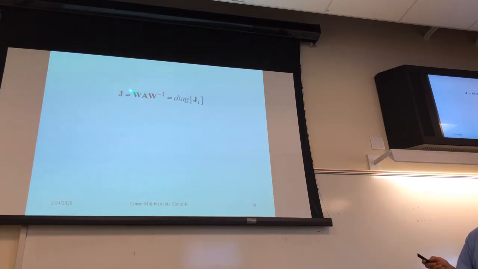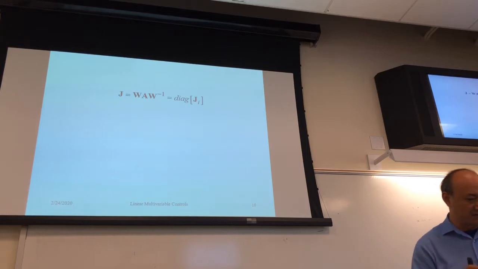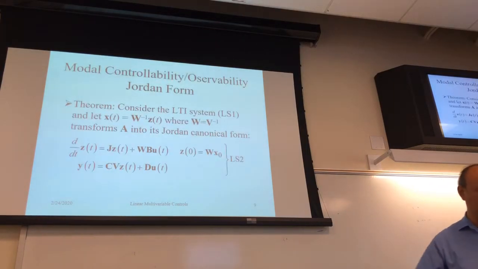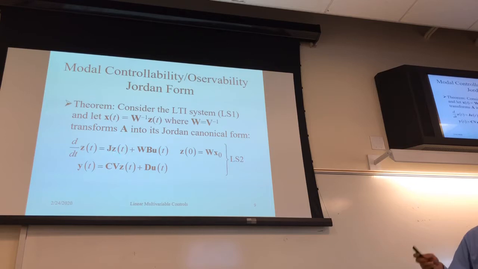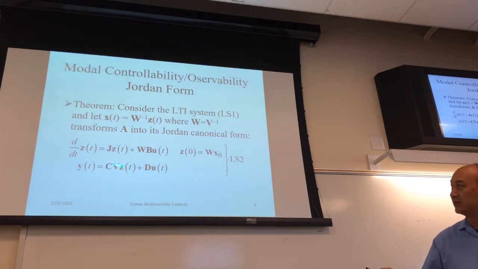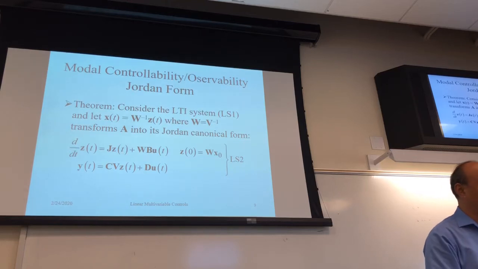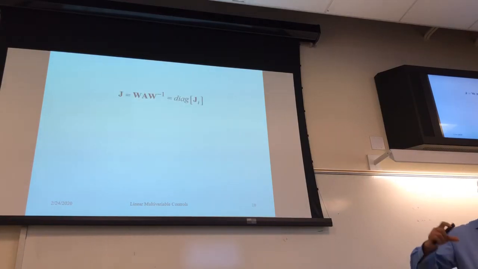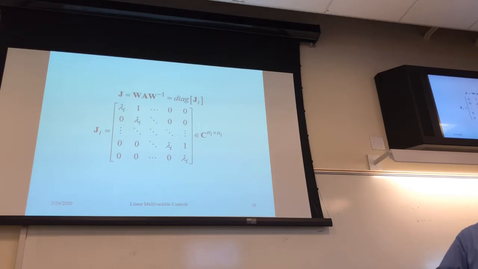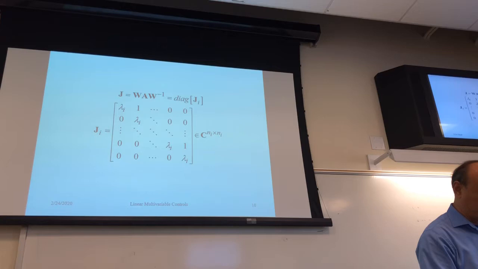So you find a similarity transformation to turn this A into a block diagonal of J. It's not fully disconnected, fully diagonal; instead you have a block diagonal, okay? So again, you have WB and CV here, and you have those building blocks. Each building block is a J, okay?